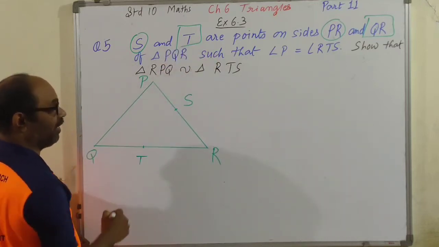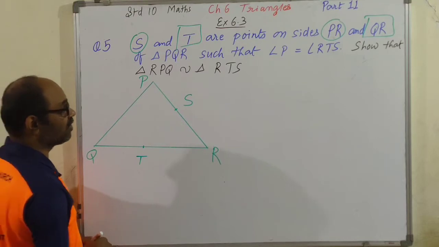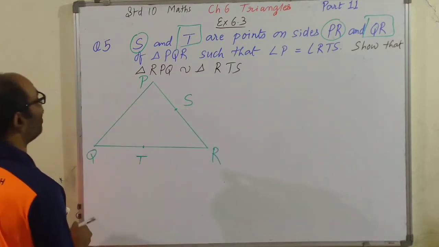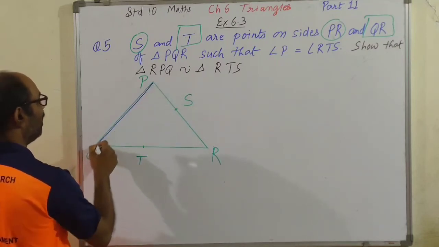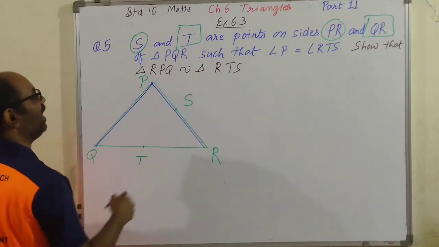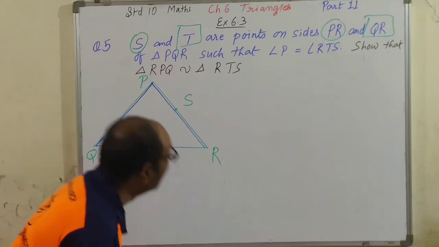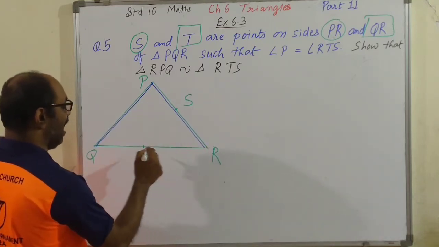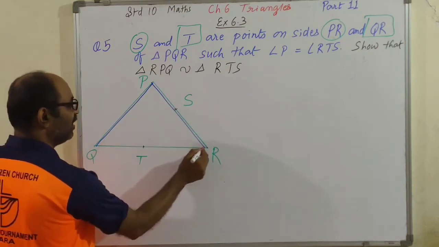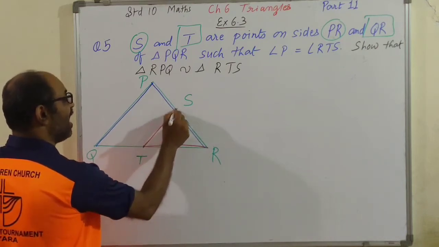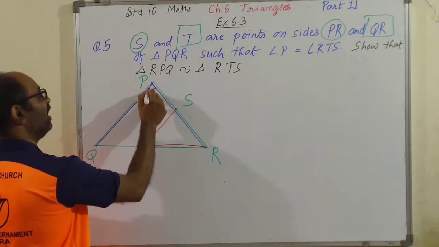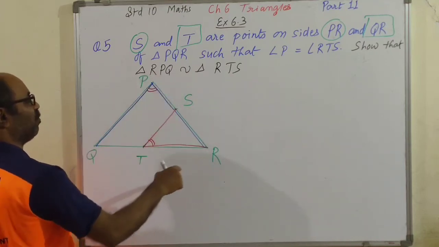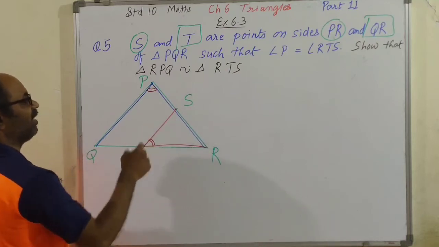Here T is a point such that angle P, कौन सा है angle P? This blue angle P is equal to angle RTS, red angle RTS. So this angle is equal to this angle. Angle P means angle QPR is equal to angle RTS.